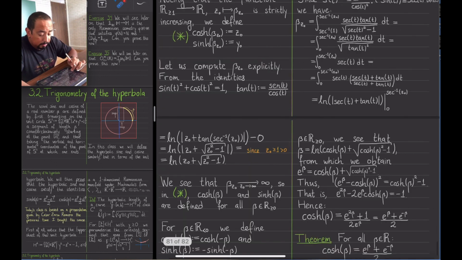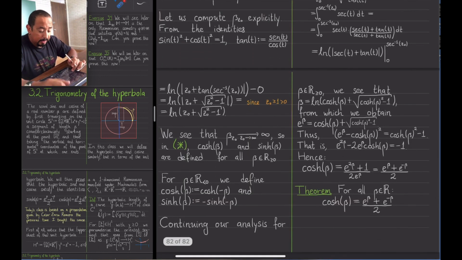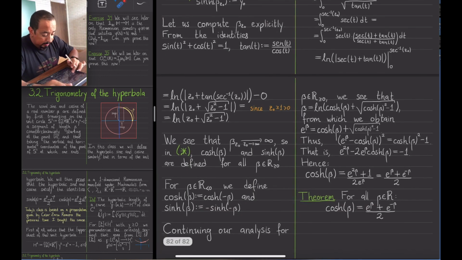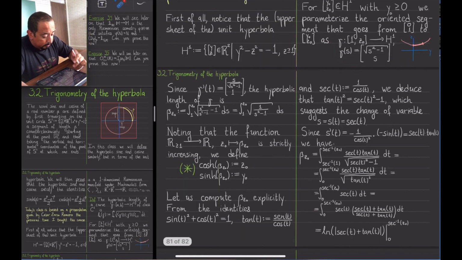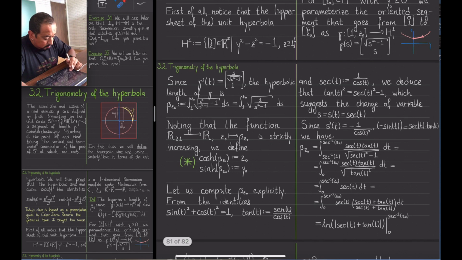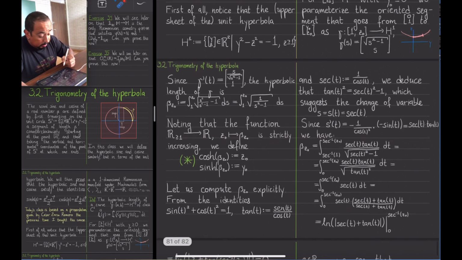Okay, so let's do the evaluation. So here it becomes the secant of the secant inverse. Well, it's just z0, and then at 0, secant of 0 is 1.